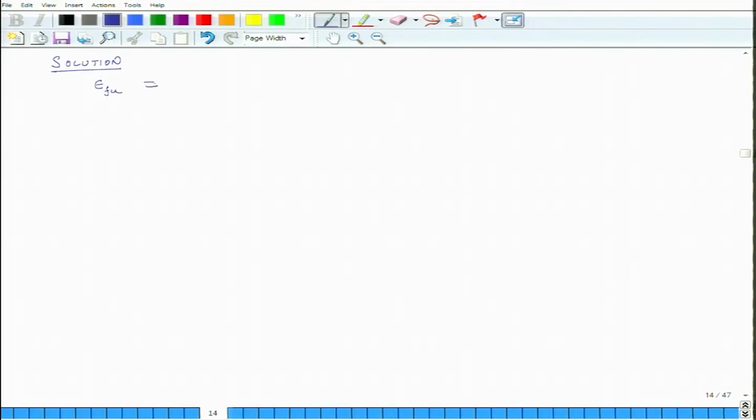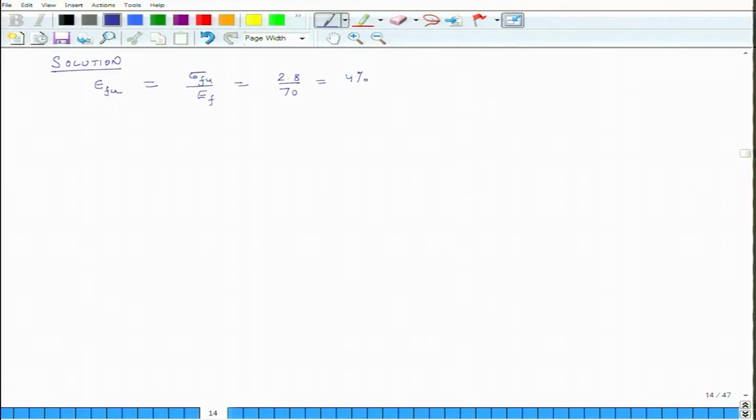This is equal to sigma Fu divided by Ef, which is 2.8 by 70, equal to 4%. So, the fiber breaks at 4% strain.